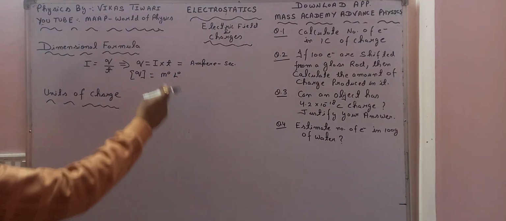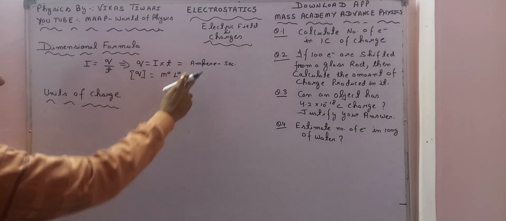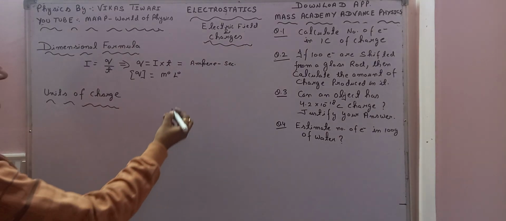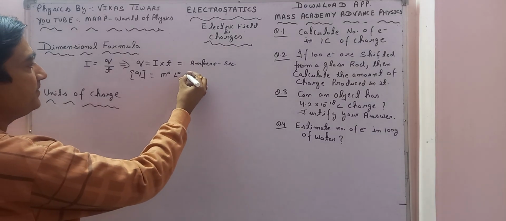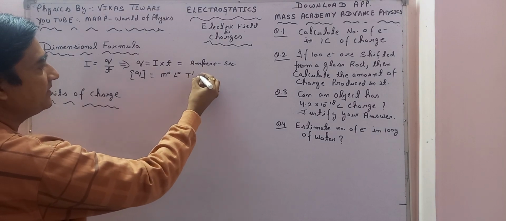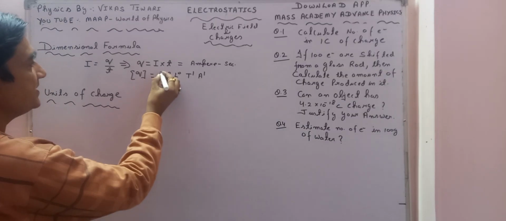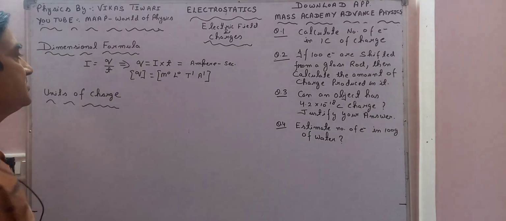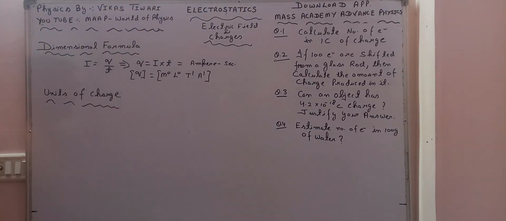There is no fundamental quantity of length in this formula, so L raised to 0. Here I am writing ampere, and time is T raised to 1. So this is the dimensional formula for the charge.